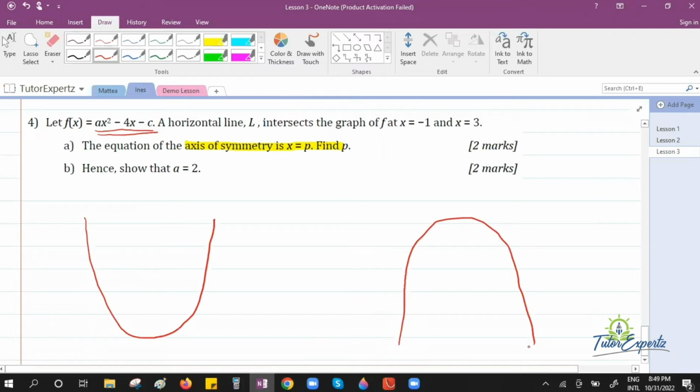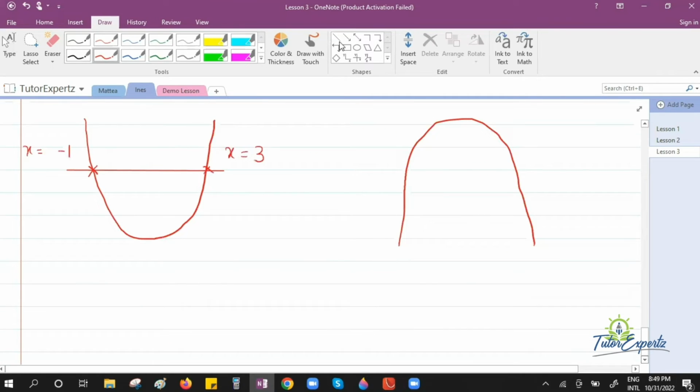And let's say if it was something like this over here, it's already given to us that it crosses at x equals -1 and at x equals 3, right?